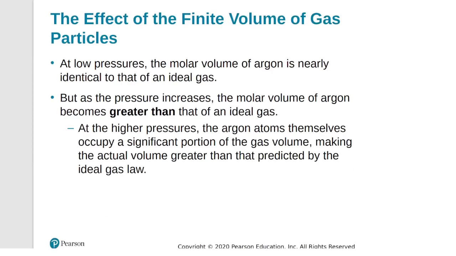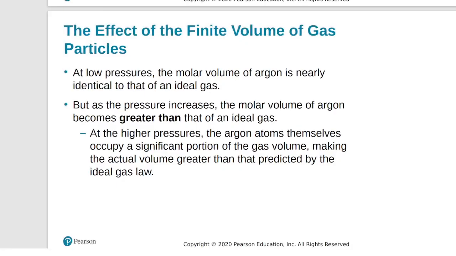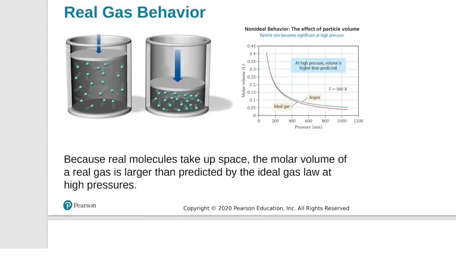At low pressures, the molar volume of argon is nearly identical to that of an ideal gas. But as the pressure increases, the molar volume becomes greater than that of an ideal gas. In other words, the particles themselves begin to take up space, or effectively begin to take up space. At the higher pressures, the argon atoms themselves occupy a significant portion of the gas volume, making the actual volume greater than that predicted by the ideal gas law.